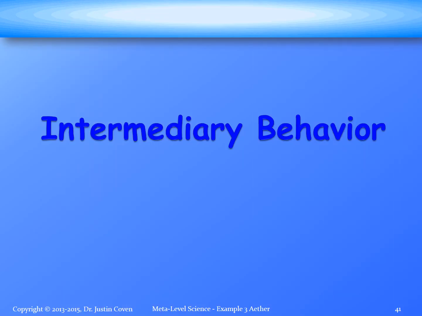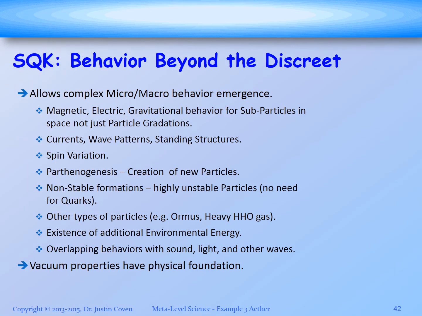Intermediary behavior. Subquantum kinetics: behavior beyond the discrete. Subquantum kinetics allows complex micro-macro domain behavior emergence. For example, magnetic, electrical, gravitational behavior for subparticles in the more general space can emerge. This is behavior beyond just behavior at particle gradations.